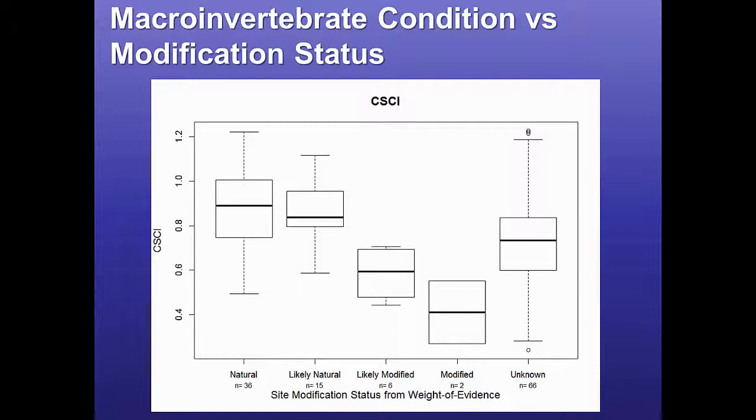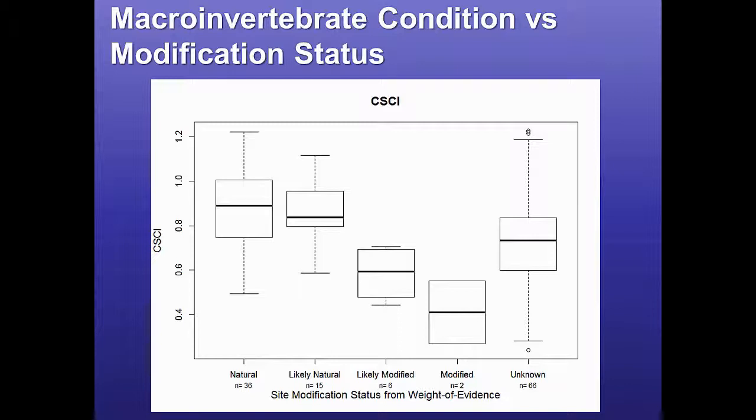Your natural and likely natural sites have CSCI scores where you might expect them, close to 1. Then as you get to likely modified, they decrease, and modified, even more so. The unknown, of course, are everywhere, naturally, because, again, they're uncertain. We have no idea. They include sites that can go anywhere from very modified to very natural.